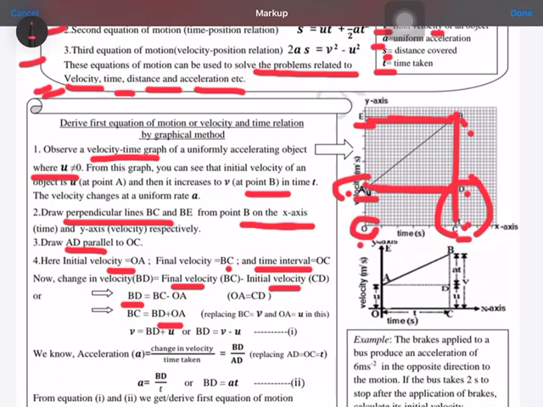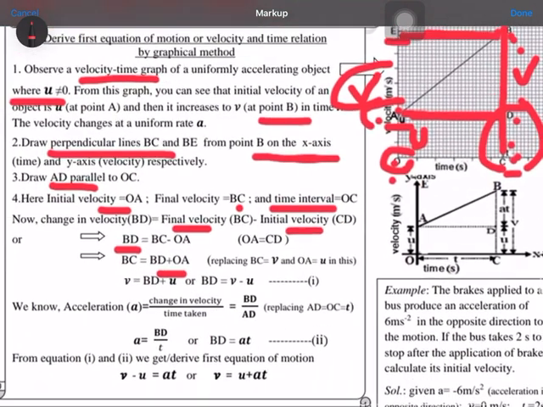Instead of BC, we can write the total velocity, so this becomes v. This is the difference: v minus u will be your BD, and OA is the initial velocity u. So when we put all together, BD equals v minus u. So you get this one equation.